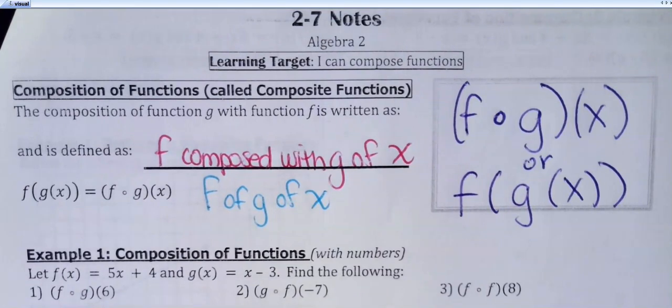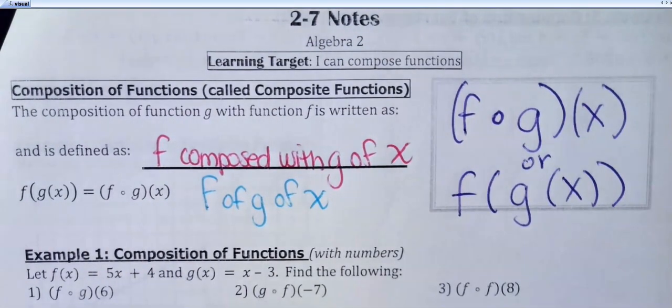And when I have F with the G in the parentheses, again, it's not multiplication, it's composition. So F composed with G of X or F of G of X. I'll probably say F of G of X. These two things are interchangeable, so I'm going to try to use both today.